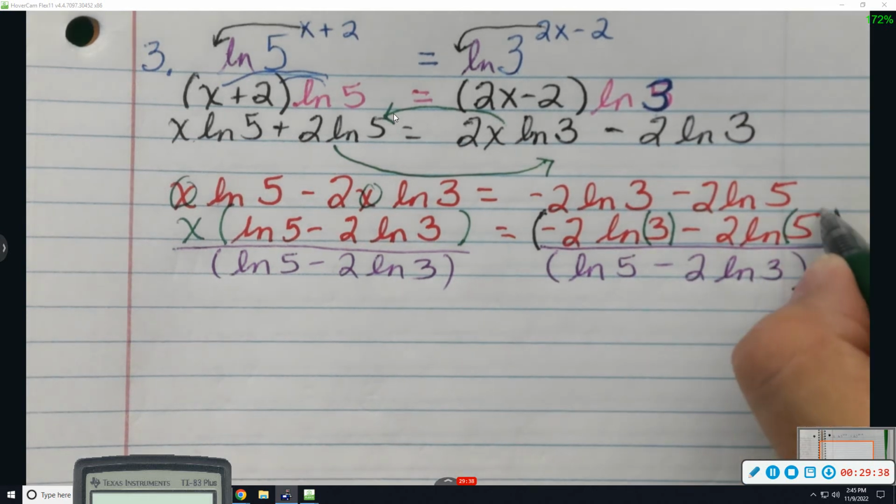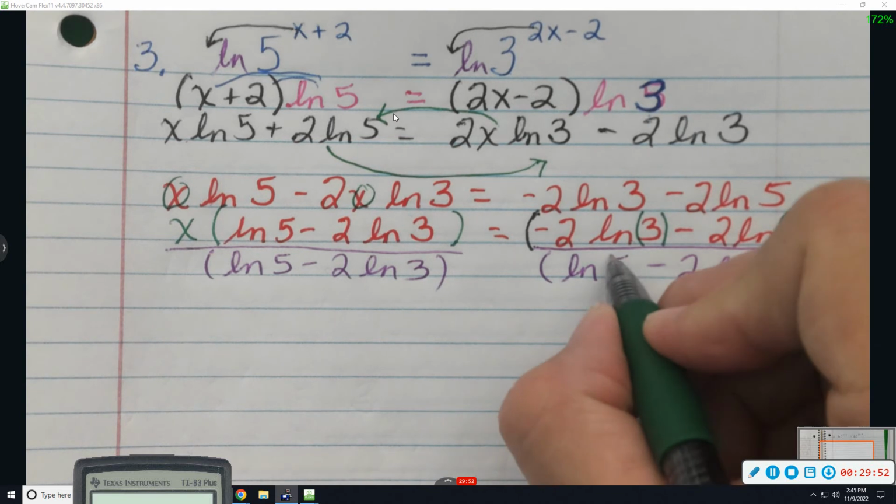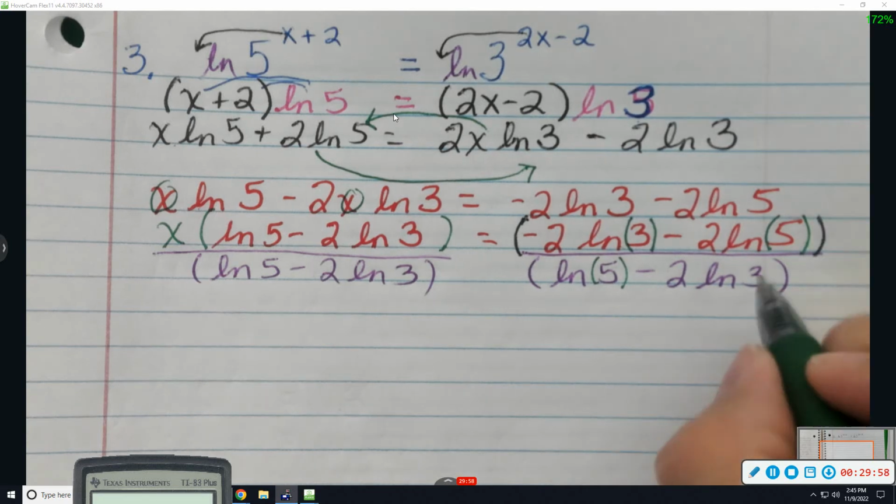Around this 5, this parentheses, that means I need 2 parentheses here and here. And if I don't punch in those 2, it's going to give me the wrong answer. Down here, where will I need parentheses? Well, there. Every time I hit LN, it opens parentheses.